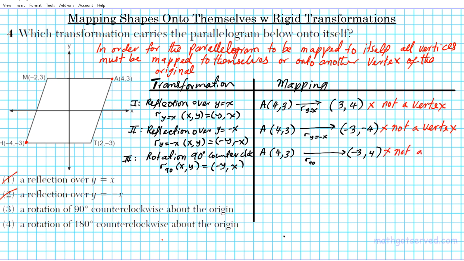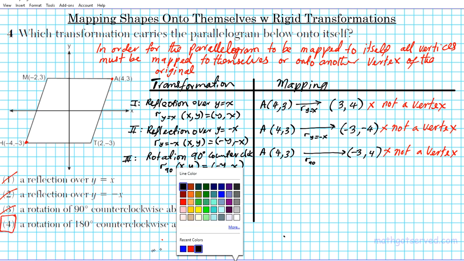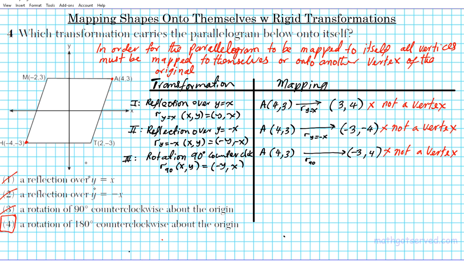Alright, so the last one that we're going to try out is the rotation 180 degrees counterclockwise. Ladies and gentlemen, this should be the answer by elimination, right? Hopefully. So what we're going to do is apply the transformation to the coordinates on this graph and see what happens.